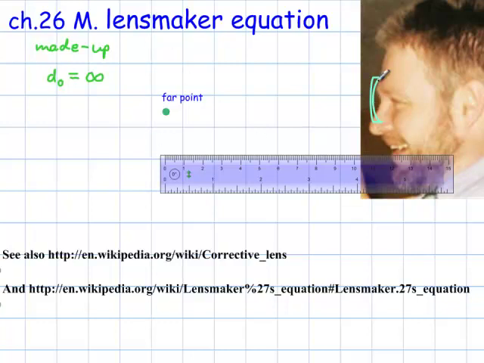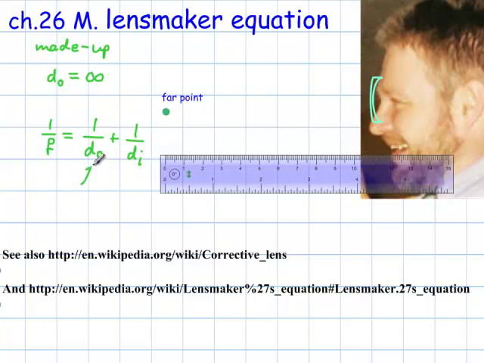Okay, so that means what's the focal length of these eyeglasses that I need? Well, I'm going to use the thin lens equation, which is 1 over f equals 1 over do plus 1 over di.